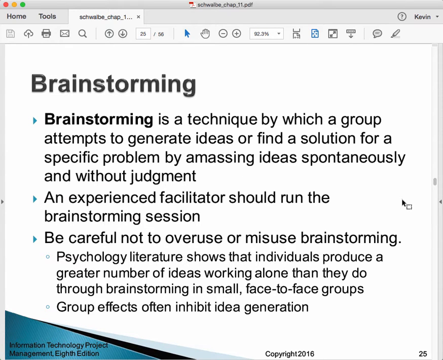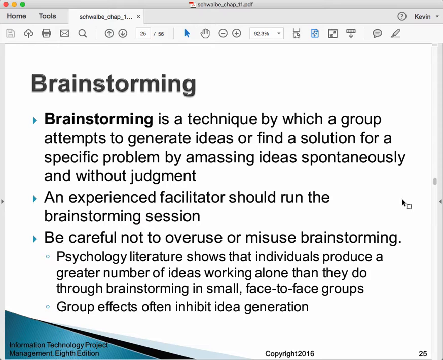So brainstorming. Brainstorming is a technique by which a group attempts to generate ideas or find a solution for a specific problem by amassing ideas spontaneously and without judgment. The idea is you get a group of people. Typically, they come up with the ideas when they're in the room together. They do it spontaneously.